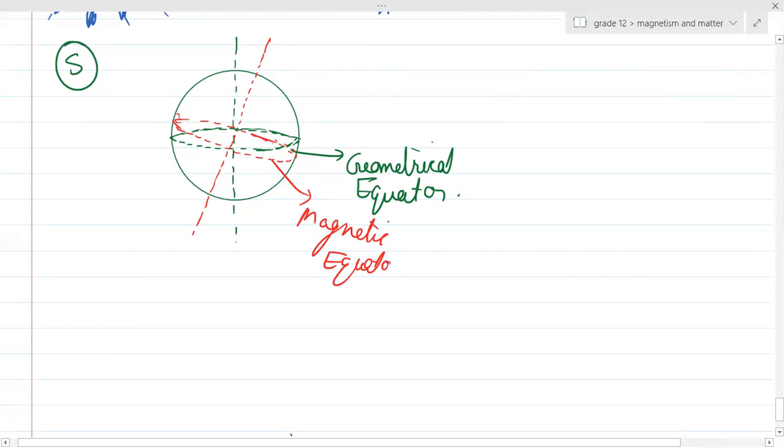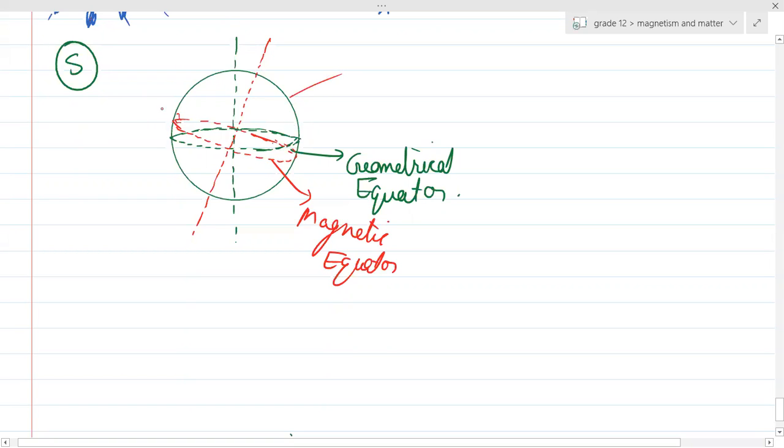Till what points will you observe that the magnetic field is going into the plane? Whatever is lying in the northern region of the magnetic equator, above this magnetic equator, is my magnetic northern hemisphere, right? Geometric northern hemisphere and magnetic northern hemisphere.